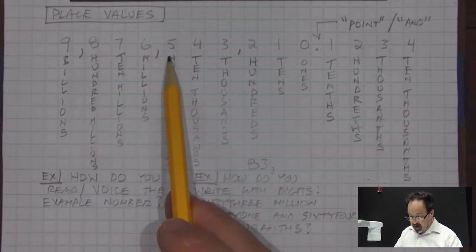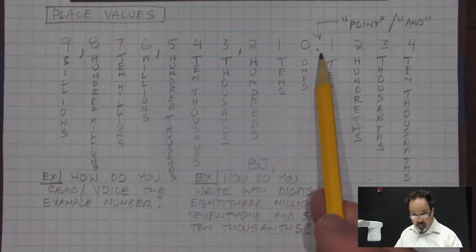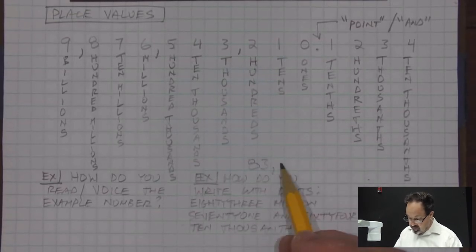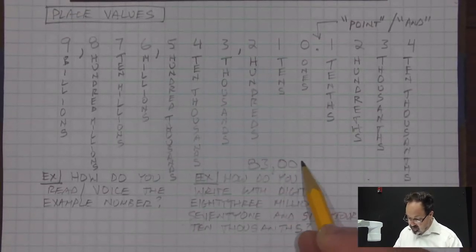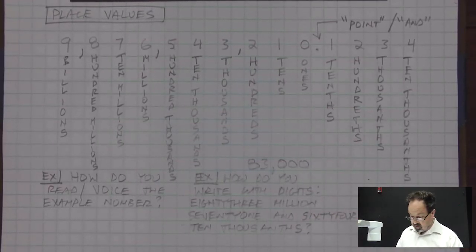So after it, I need to include digits until I get to the decimal place. The number as written, 83 million, does not contain, 71, does not contain any thousands, but I still have to represent the digits in the thousands group with some zeros.